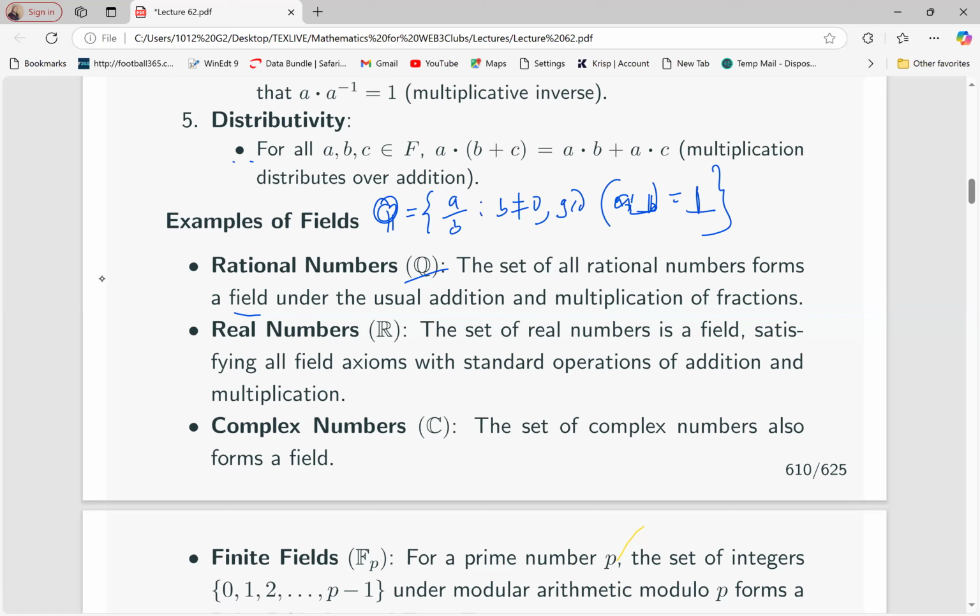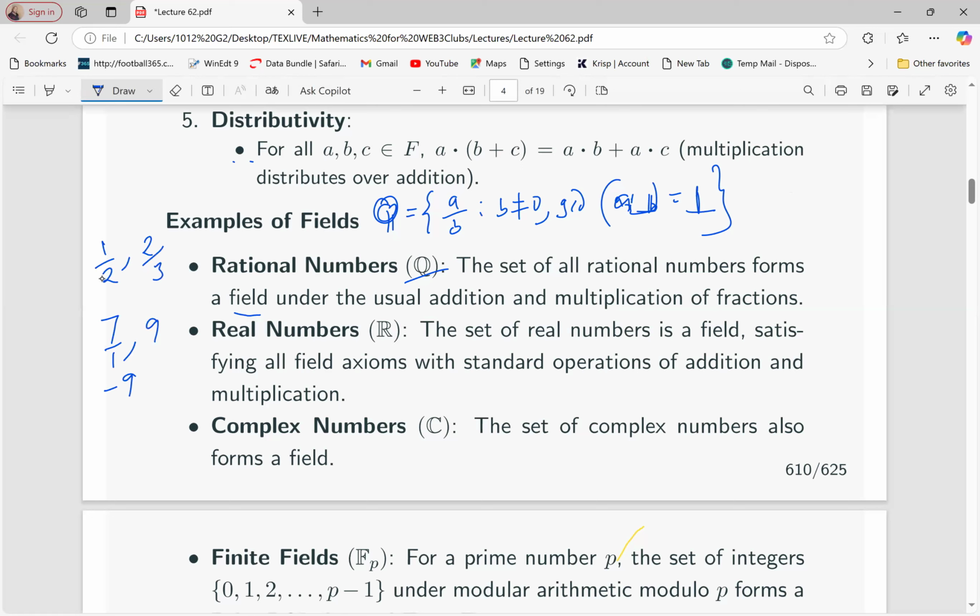Let me give you examples of rational numbers before we say that they form a field. This is a rational number, because it can be written as 7 out of 1. Even -7 is a rational number.